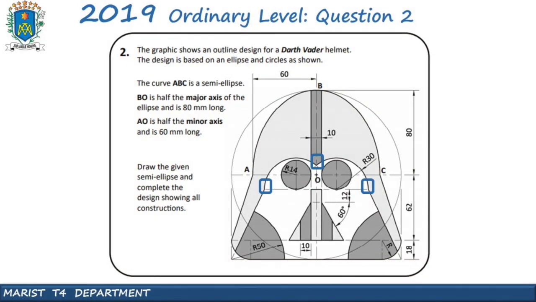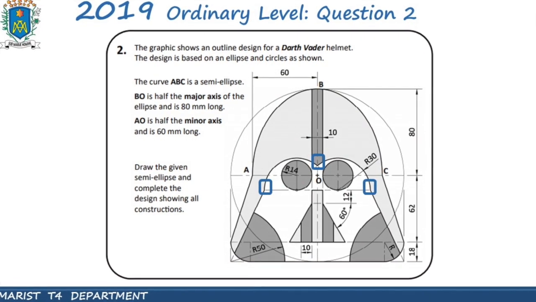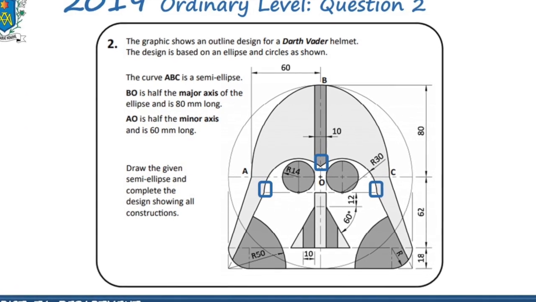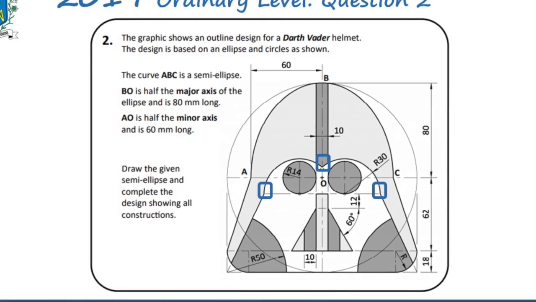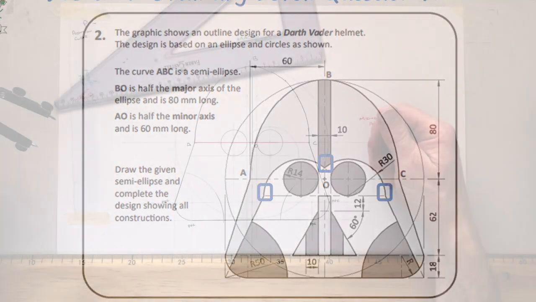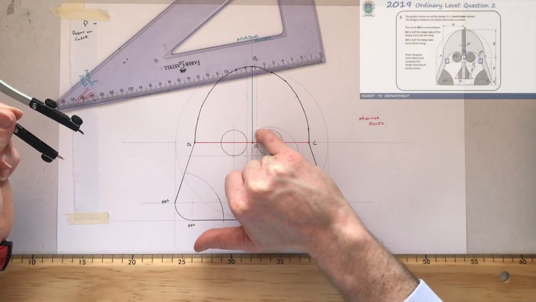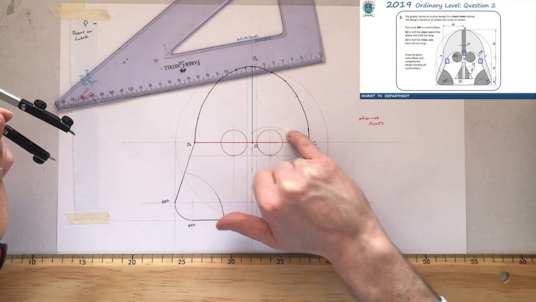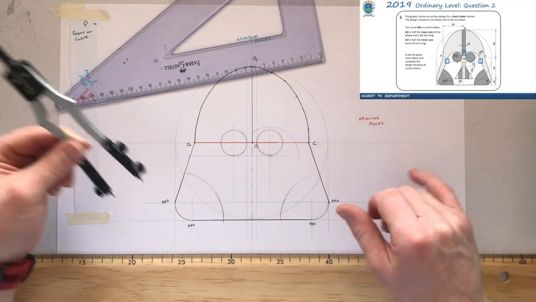Well, if we look closely at the question, we can see the bottom of the eye lines up from the right hand side. It joins up to the curve there, and the top of the curve ends up on the center line. So just to go through that, the top of the curve stops at the center line, and it's starting here at the bottom of the eye.